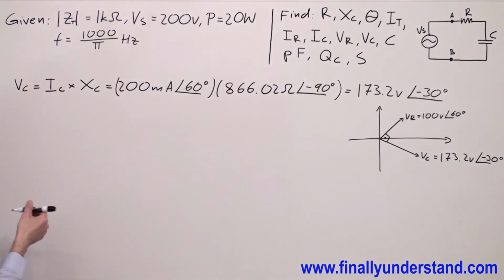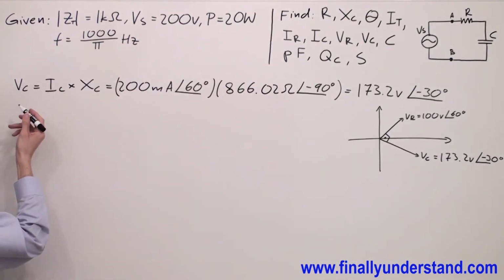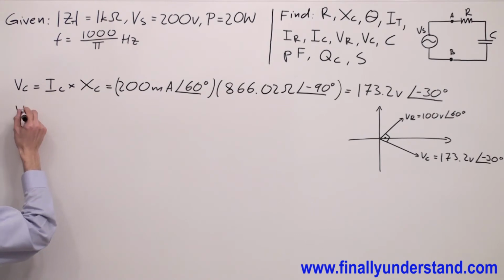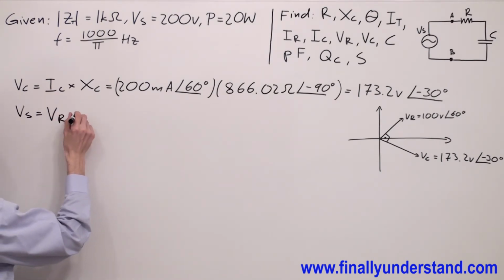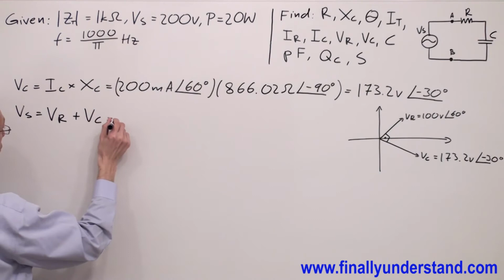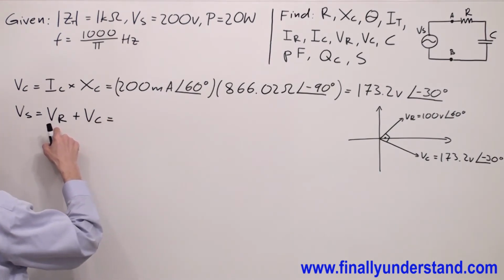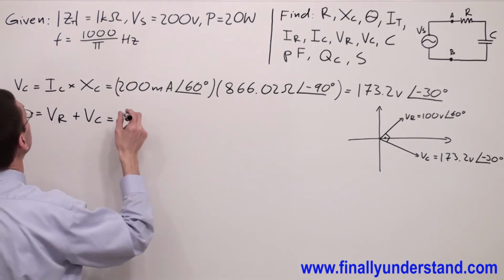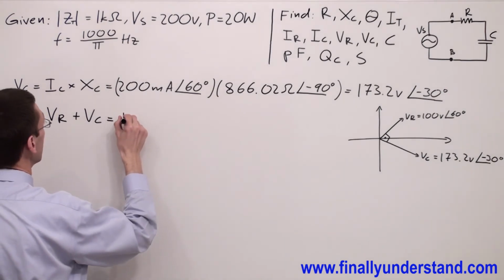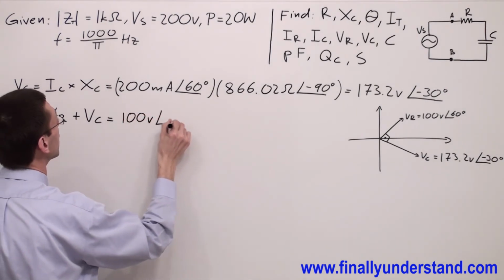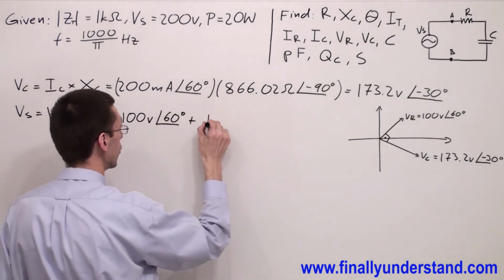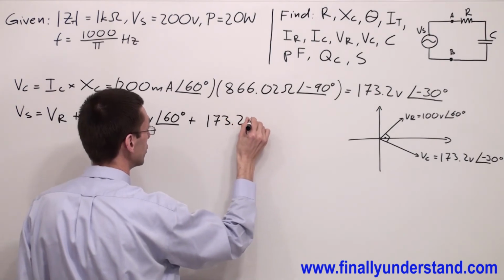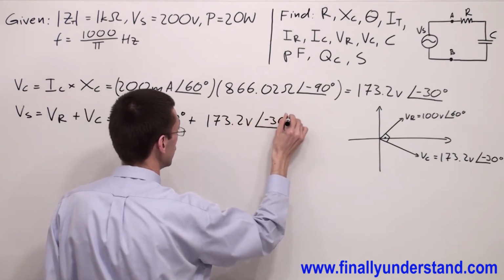If you want to prove this mathematically, you simply write that voltage source has to be equal to the sum of voltage across the resistor plus voltage across the capacitor, where voltage across the resistor we said is equal 100 volts and angle of 60 degrees plus voltage across the capacitor 173.2 volts and angle of negative 30 degrees.